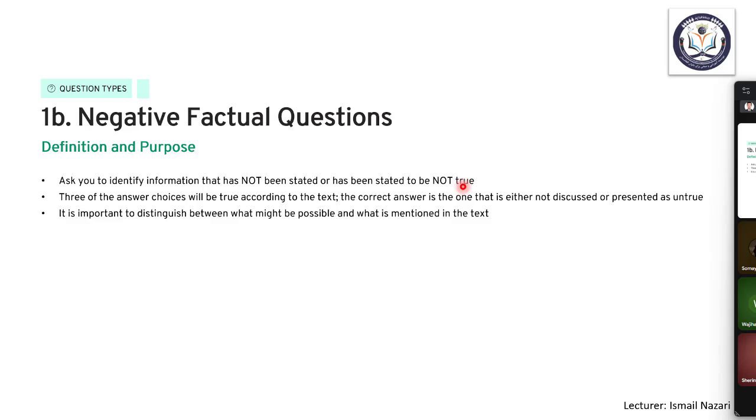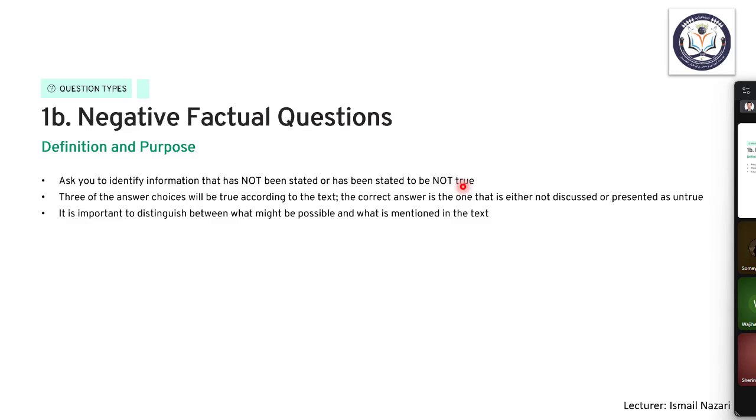So it's exactly the opposite. In a factual question, we looked for the answer choice that was stated inside the passage. In a negative factual question, it is the opposite. We look for the answer choice that has not been stated inside the text, or that the author didn't mention.